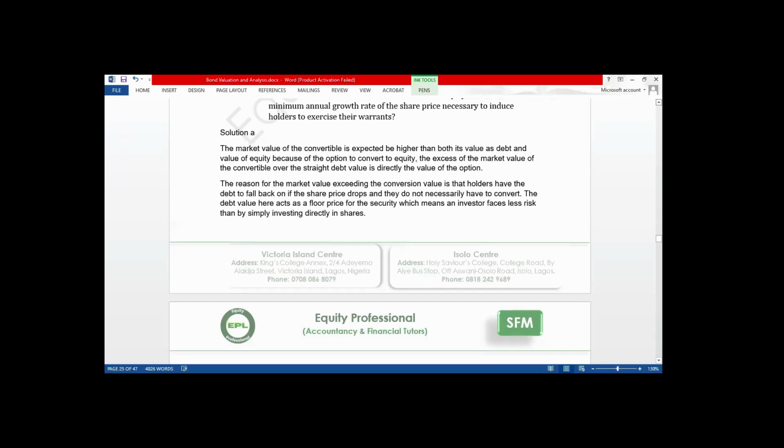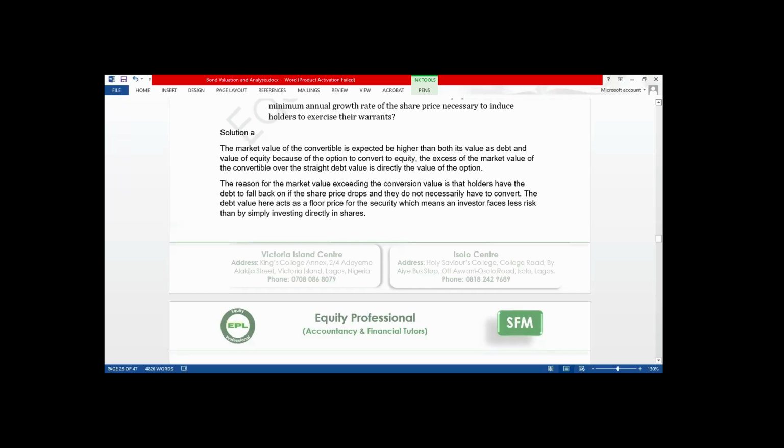The reason is that the market value of the convertible is expected to be higher than the value as a debt and the value as an equity. This is because of the option to convert.